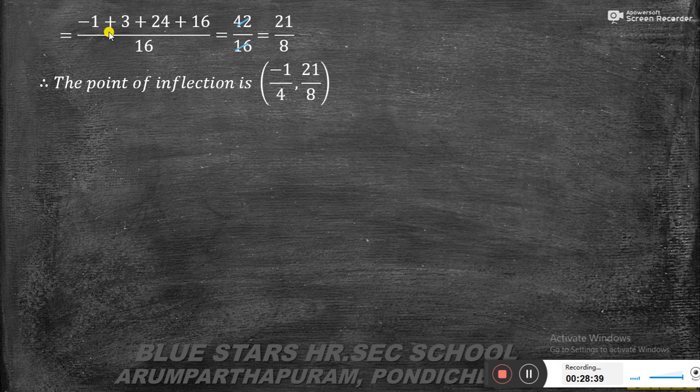So I take the LCM 16, so the numerator is minus 1 plus 3 plus 24 plus 16. I add all the numbers: minus 1 plus 3 is 2, plus 24 is 26, plus 16 is 42, so 42 by 16.